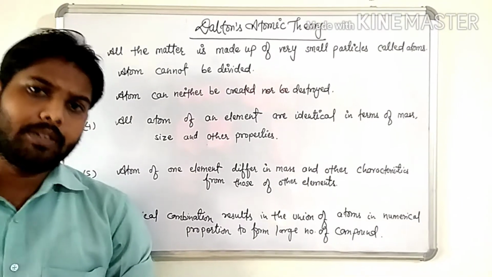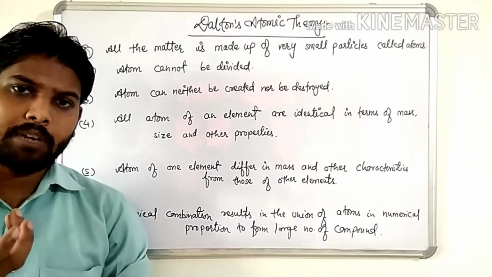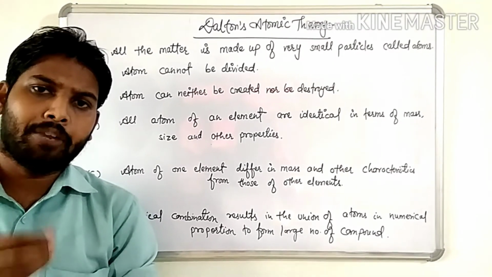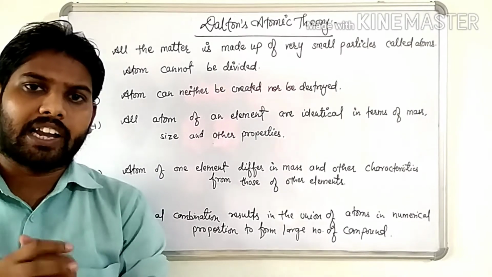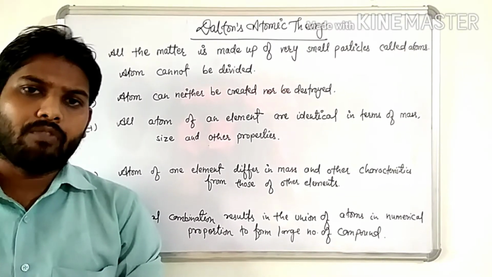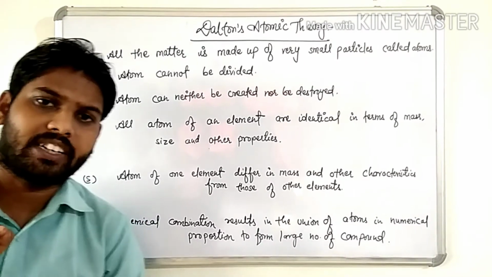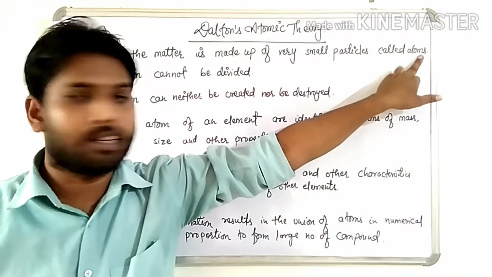Again, beat it and you will get smaller pieces. If you do this activity a number of times, at last we will get very small particles, and these small particles are called atoms.